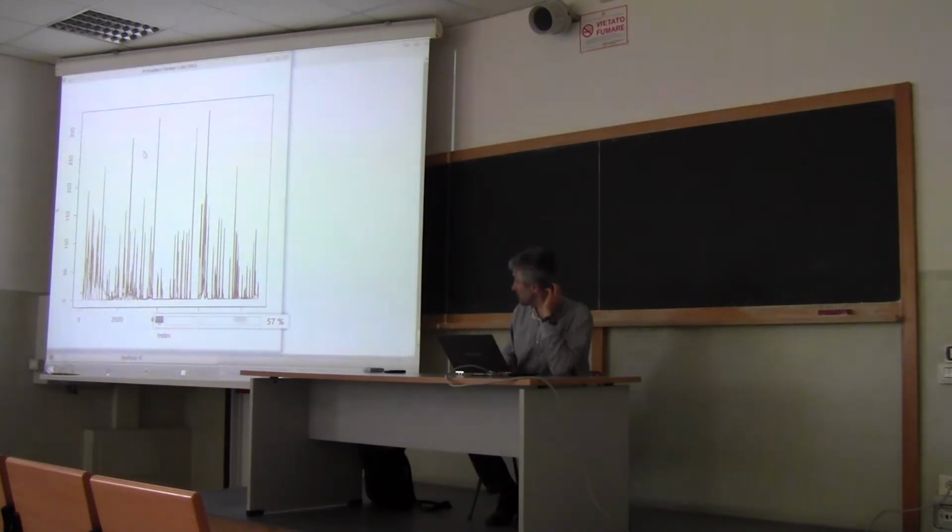So you have a different behavior of the model in the first part with respect to the second part. This is a problem which happens frequently in hydrology, which means that you have a different goodness of fit in different parts of the hydrographs, and therefore you have to make a choice. You have to decide whether you want to get a good estimation in the first part or in the second part.